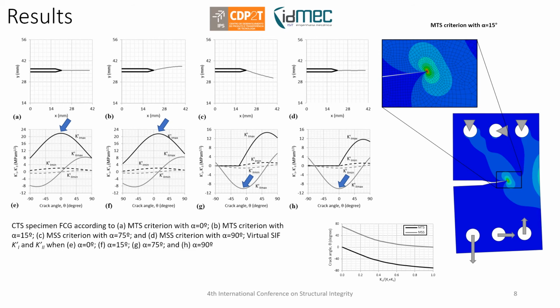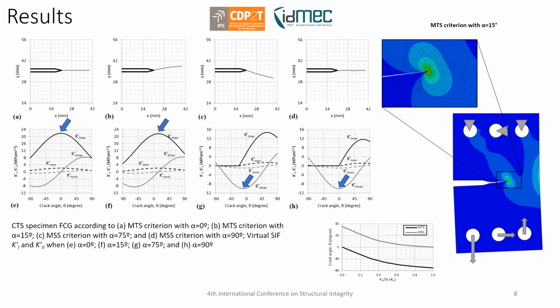As the load or the specimen continues to rotate, we introduce higher mode 2 conditions, and many authors consider that for load angle superior to 75 degrees, then the MSS criteria should be used to predict crack propagation.